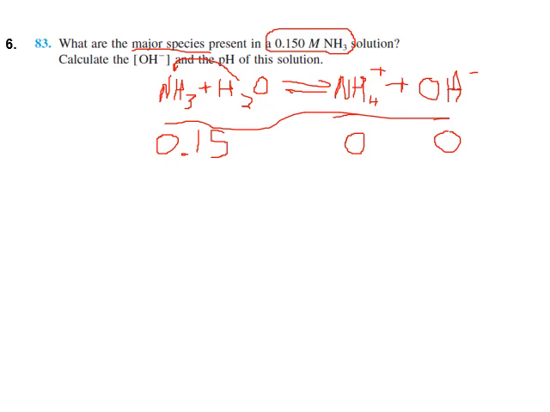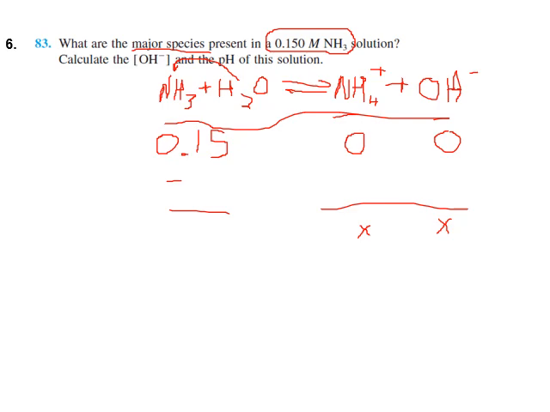So I'm not going to write it, but it's going to be minus X here, and then plus X over here for these two on the right. So at the bottom, we're going to have X and X. You can see these work just like the acid problems, but you have to be careful and realize what's happening here. This is going to be 0.15 minus X.